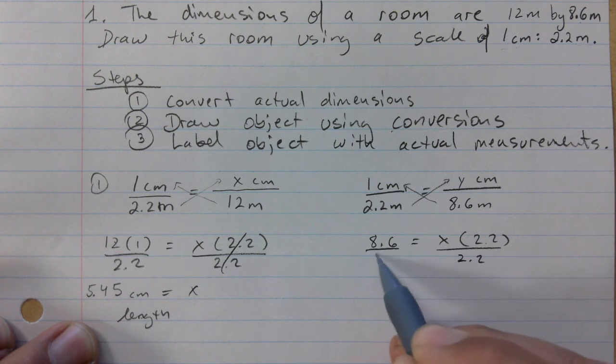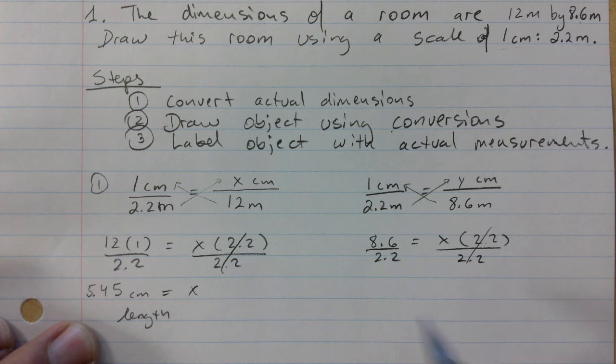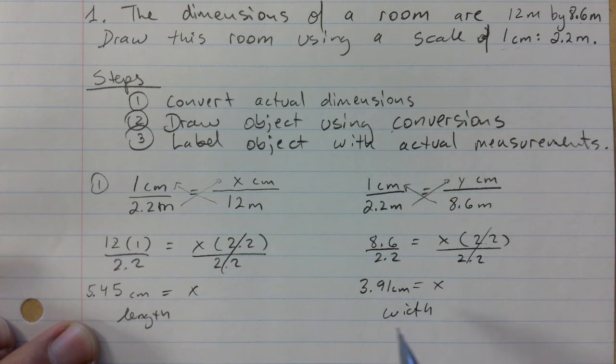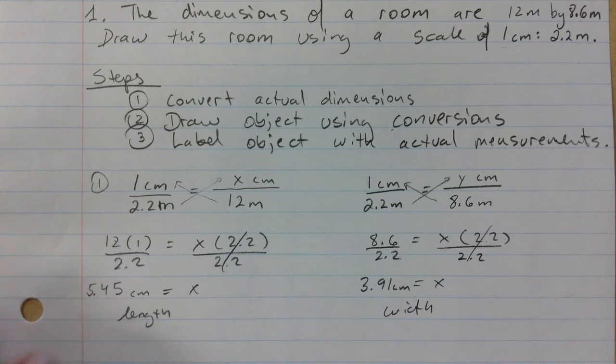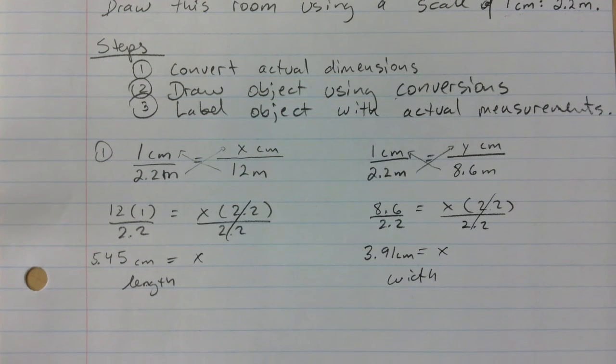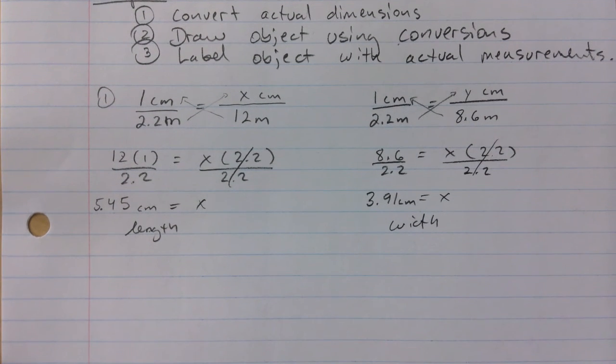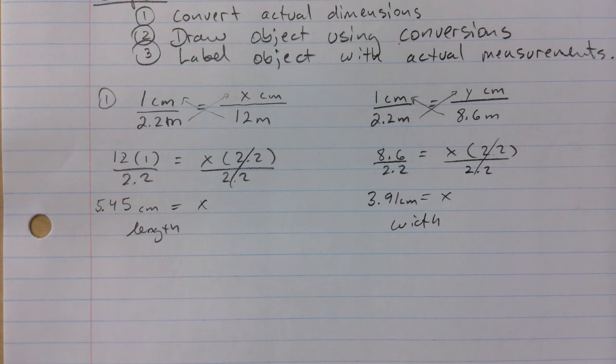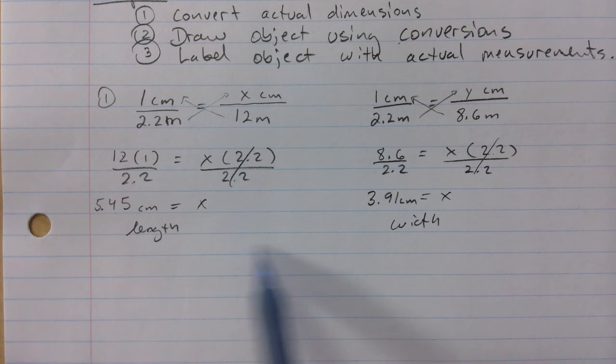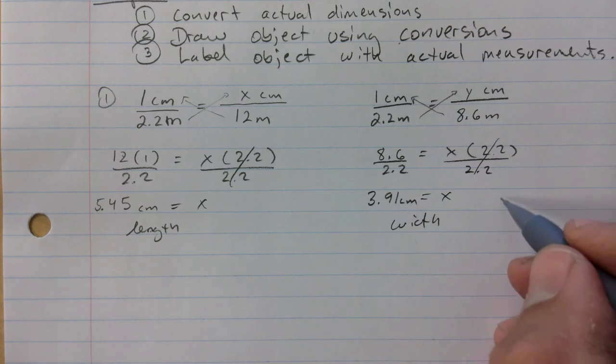Divide both sides by 2.2. And so it's really 8.6 divided by 2.2, and that's 3.91 if you round. This is the width. Okay. And so we will use these to draw. Okay.